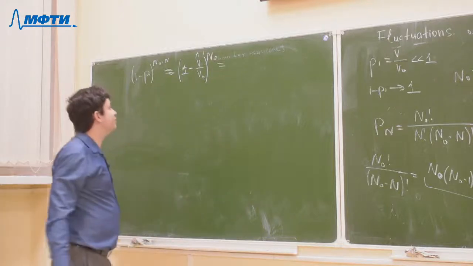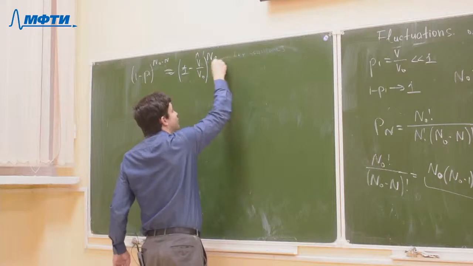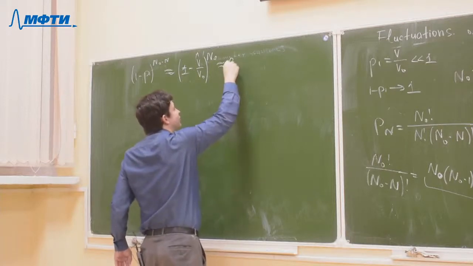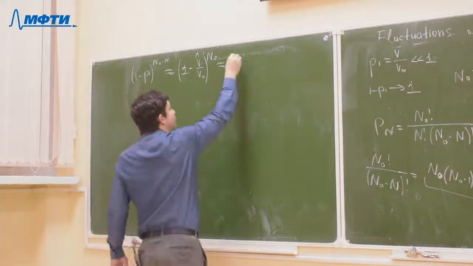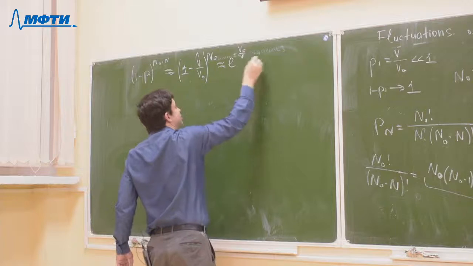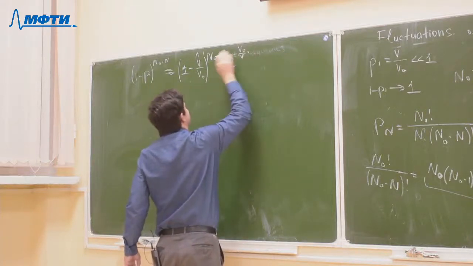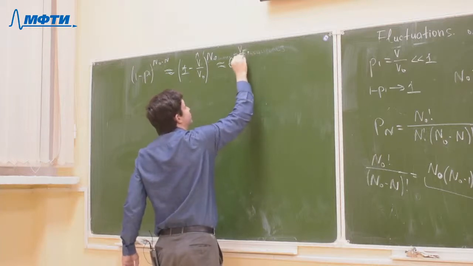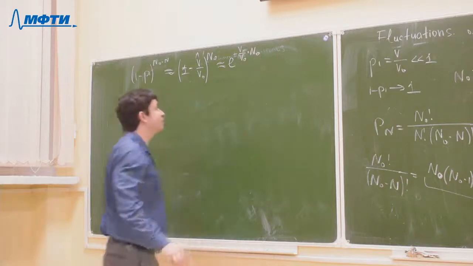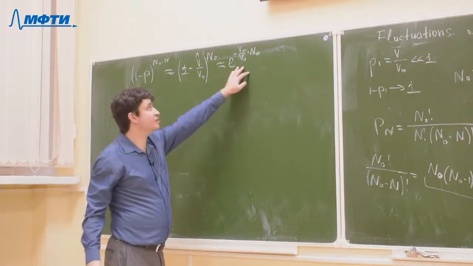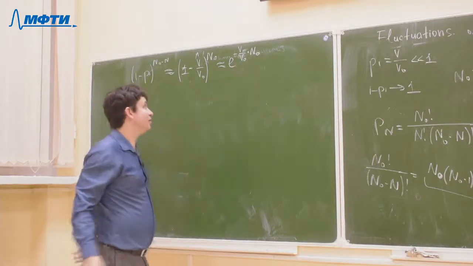And then I can write that this is approximately equal to e to the power of −v0 over v, actually v over v0, multiplied by n0, because when we raise this to a power, we have a multiplication in this exponent.